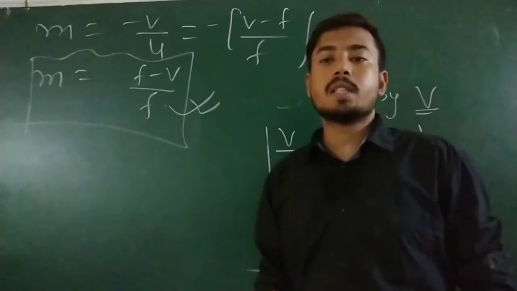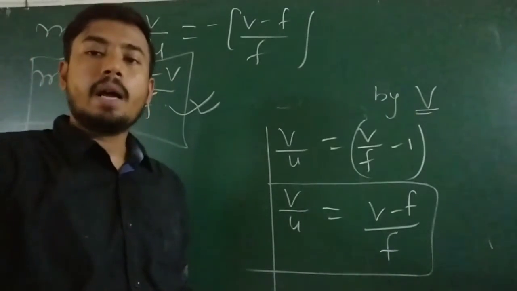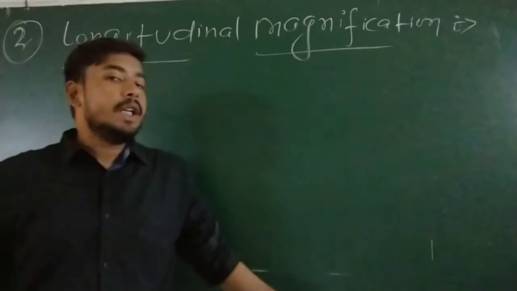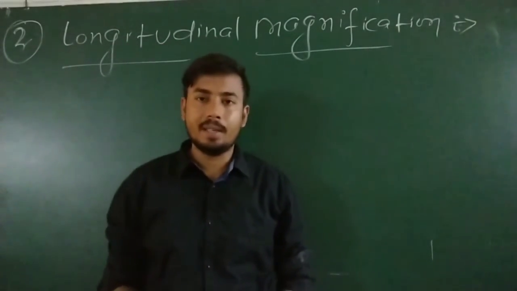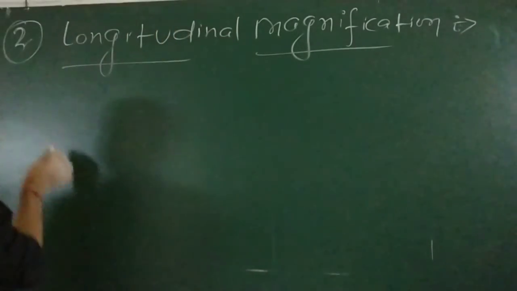Now we are going to discuss the second magnification, longitudinal magnification. Lateral is discussed. I hope it is very, very clear. Now second, longitudinal magnification. So I am writing here.